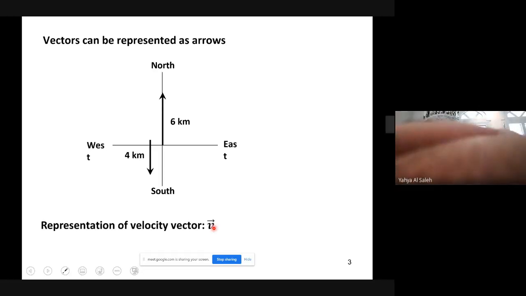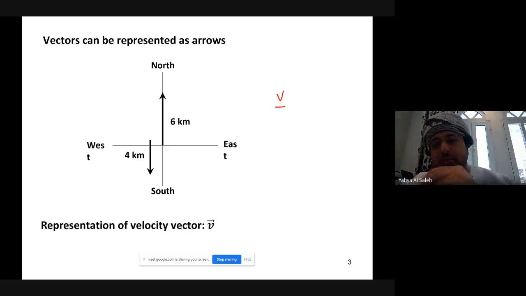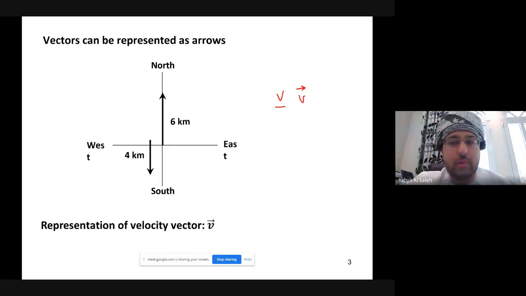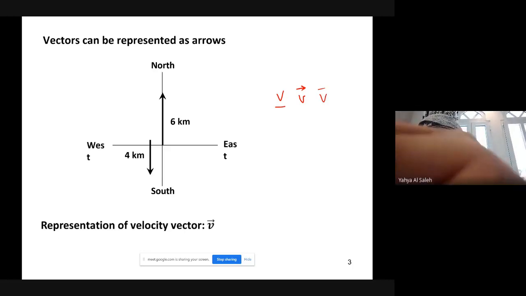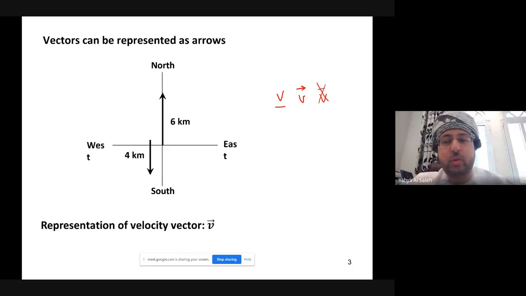For velocity, for example, V, it would either be V underlined like this or V with an arrow on top. Not this. This is wrong because V with just a dash without an arrow on top means average V. In statistics, that dash without an arrow means average.